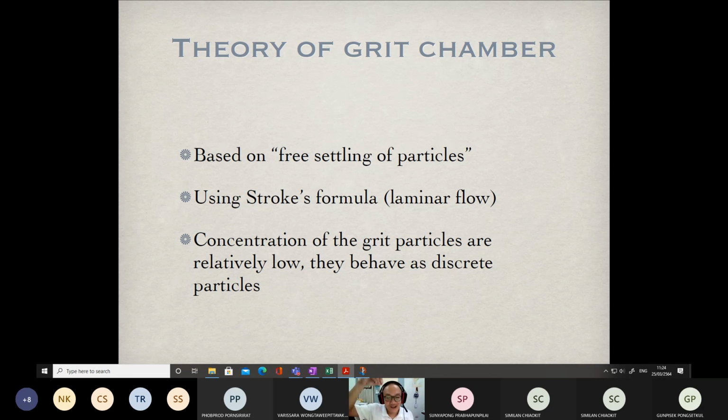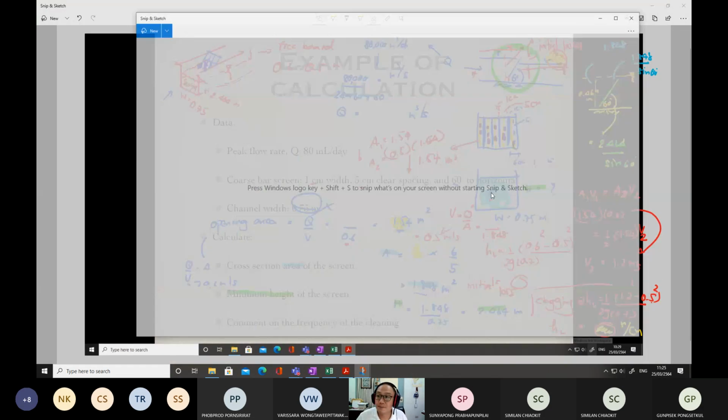So the particles are just dropped into water, flowing under laminar flow conditions, and they drop and settle to the bottom freely. That is why we say these particles settle based on the concept of free settling particles. Okay. Concentrations of the grit particles are generally low. I mean, we have several particles, but they are not disturbing each other.